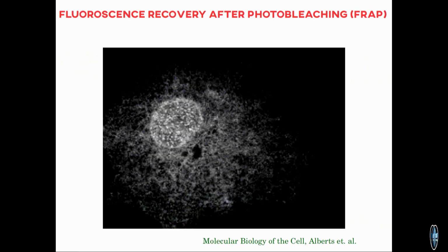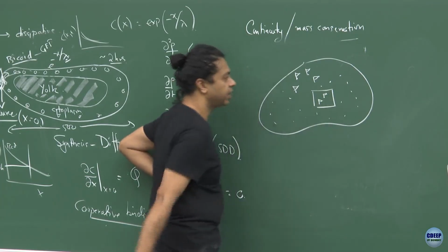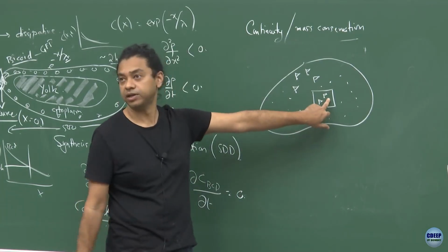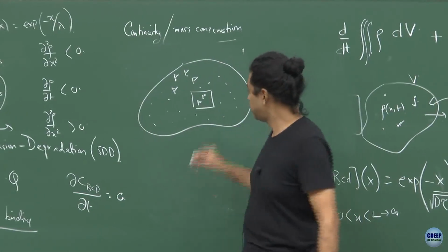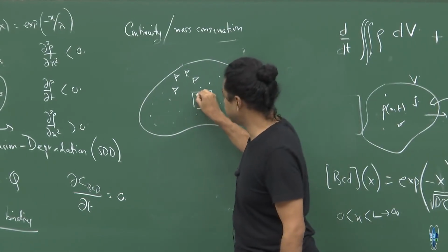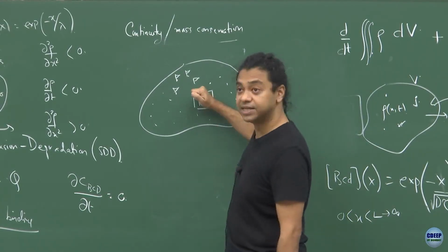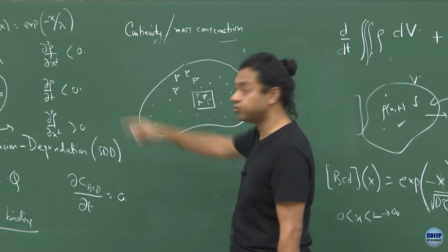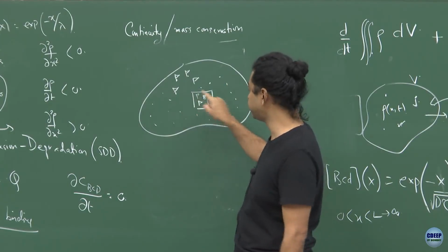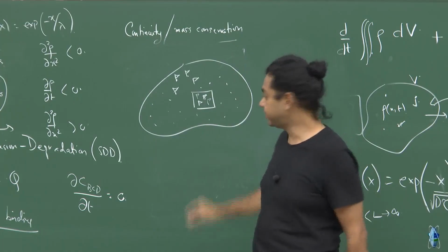Now, in this photobleaching experiment, what you do is you select a window where you have some proteins, and you shine an intense laser light in this window. What that does is it exhausts all the fluorophores that were bound to these protein molecules inside this region. All of the fluorophores attached to these molecules in this region of interest emit whatever photons they had in the excited state, and then they become dark.